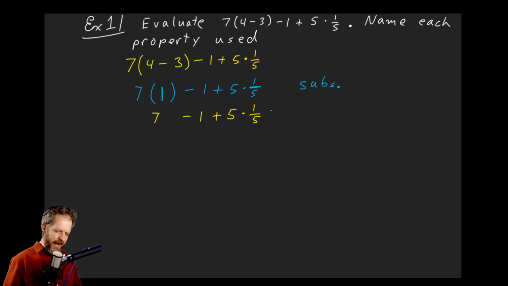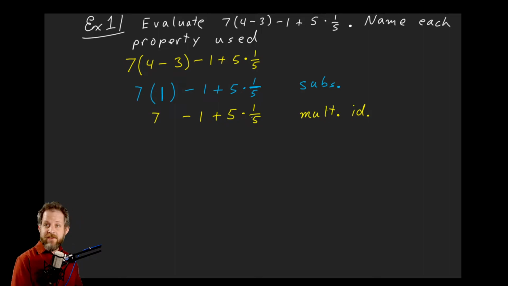There's something even more specific than that, because 7 times 1 equals 7 is the multiplicative identity, right? So I'm going to abbreviate that with mult ID, right? Easy peasy, right?